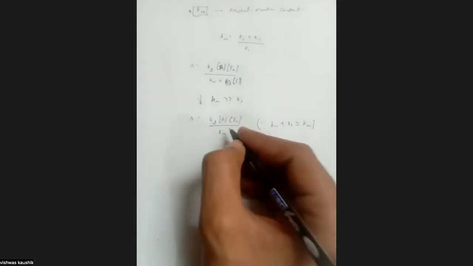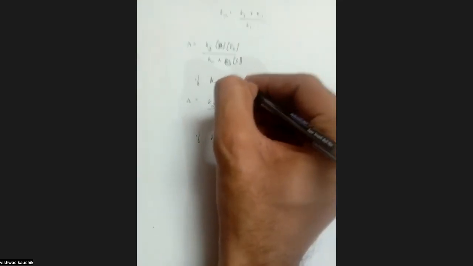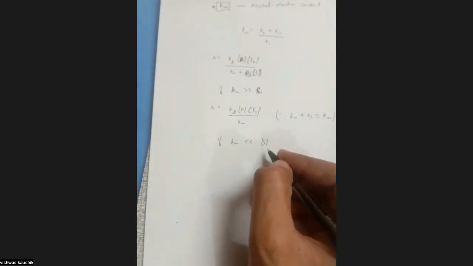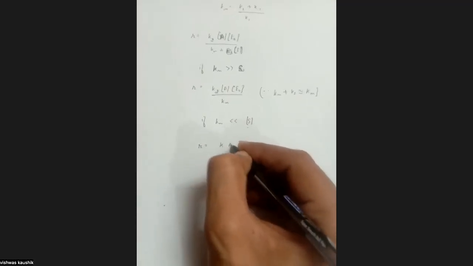So here is S. So if the value of Km is much greater than Ks, the reaction will be of second order, and if Km is less than the concentration of substrate, or we can say that the concentration of substrate is higher than the value of Km, then in that case rate will be K into E naught.